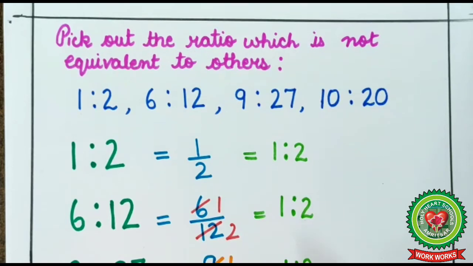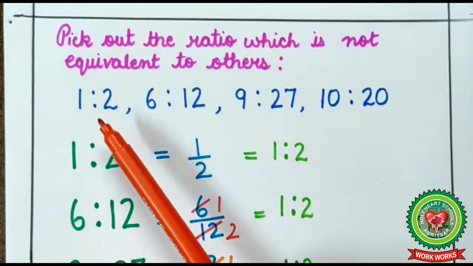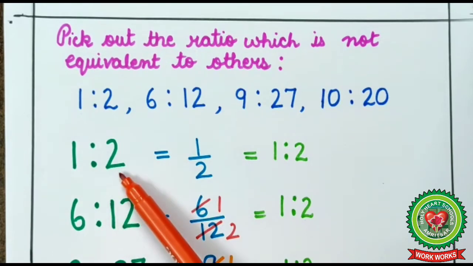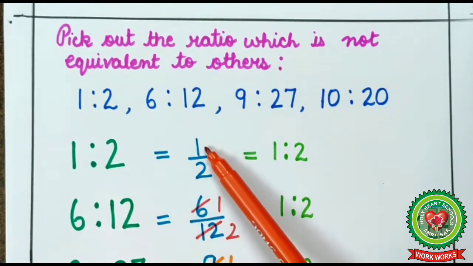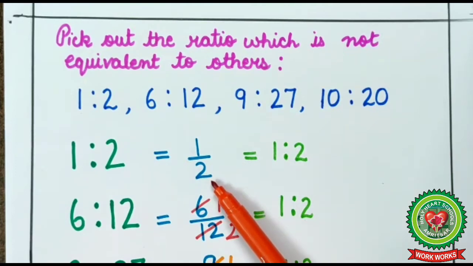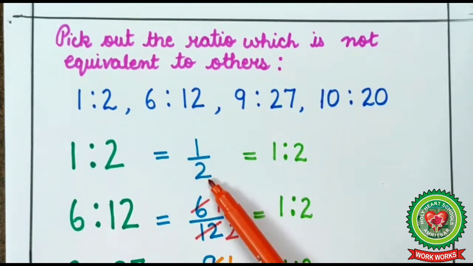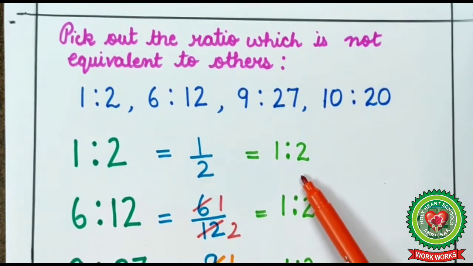So how to check it? First of all, write 1:2. What is the other way to write it? 1/2. Here, further cutting is not possible. So, here we will write 1:2.